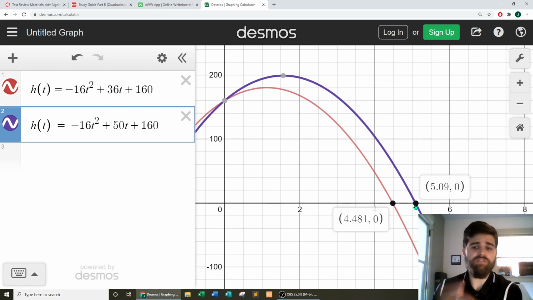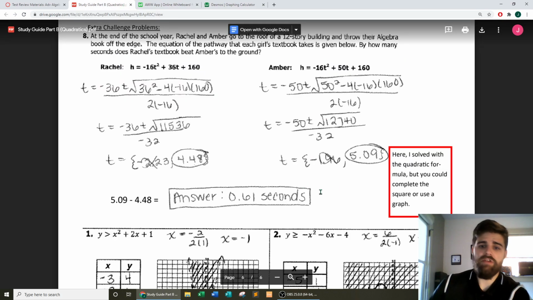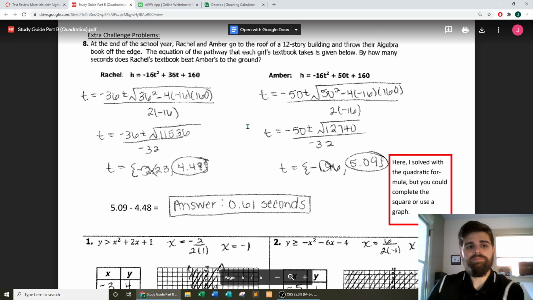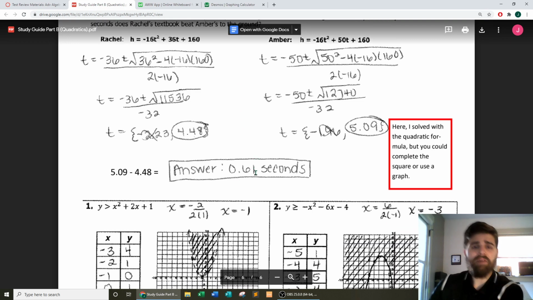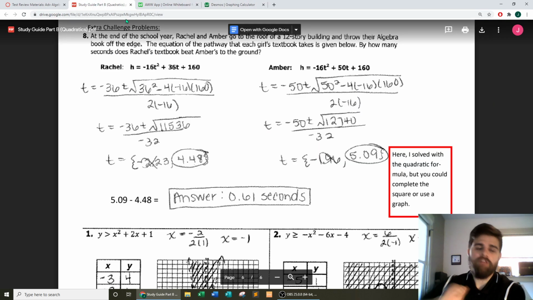We just have to find the difference between those, how many seconds between when one person's book hit the ground and the other one. You can see those same values that I found algebraically here. So we just subtract 5.09 minus 4.48. So Rachel's book hit the ground about 0.6 seconds before Amber's book. All right, cool. Looks like Amber launched hers with more velocity.